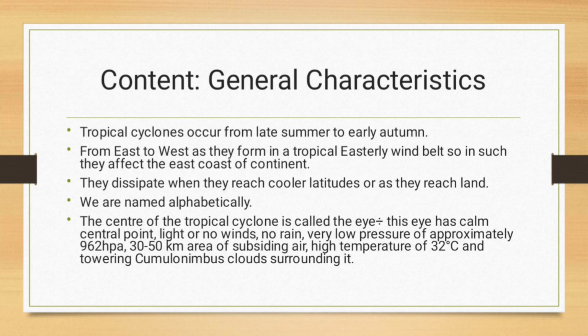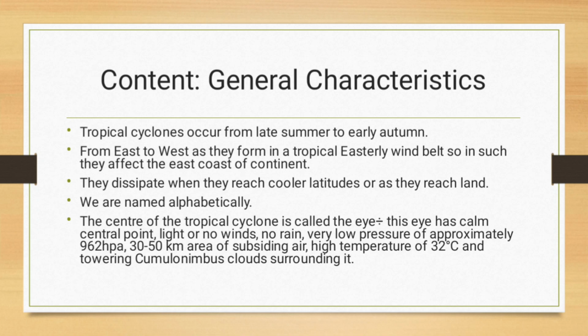The center of a tropical cyclone is called the eye. When they spin, at the center there's an eye. This eye has a central point with light or no winds. There's no rain. It has very low pressure of approximately 962 hectopascals.